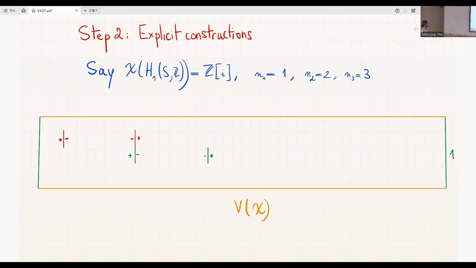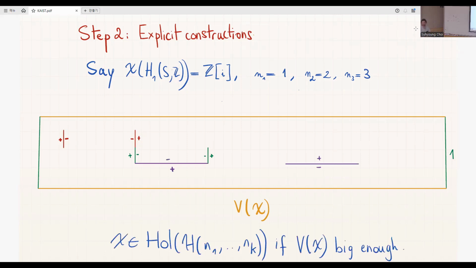But it's not a problem. What I can do is just cut like this instead of continuing, and I identify my sides like that. This will identify my 4 points here and create a point of order 3. And now I'm happy. I have constructed my translation surface with the volume V of chi and with the good branch points.